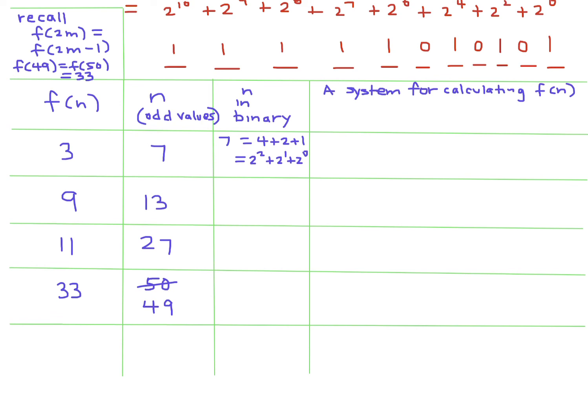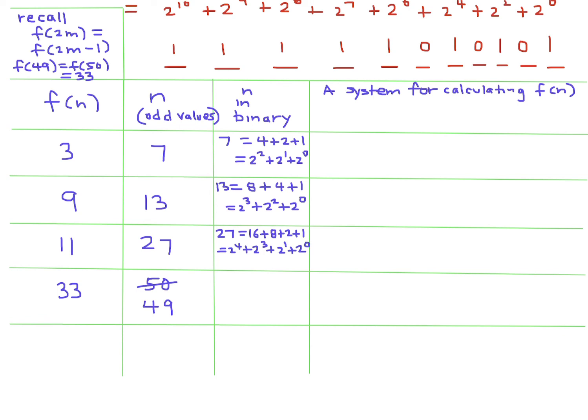Let's just keep going. 13 in binary is, I believe, 8 plus 4 plus 1, which is 2 to the power of 3 plus 2 to the power of 2 plus 2 to the power of 0. 27 in binary is 16 plus 8 plus 2 plus 1, which is 2 to the power of 4 plus 2 to the power of 3 plus 2 to the power of 1 plus 2 to the power of 0.